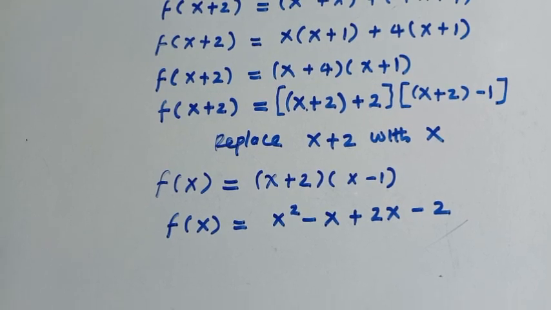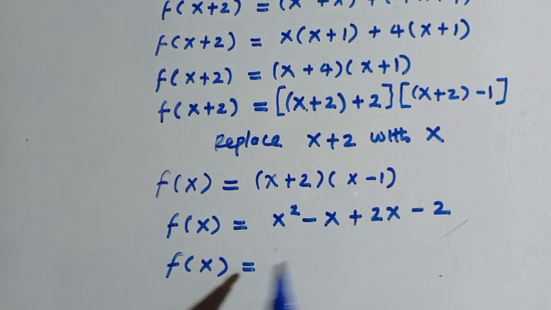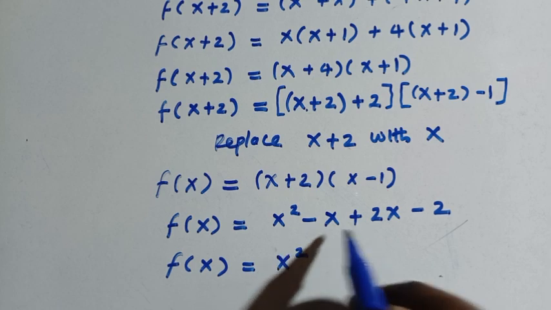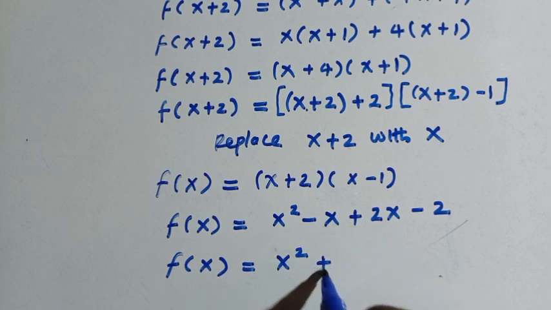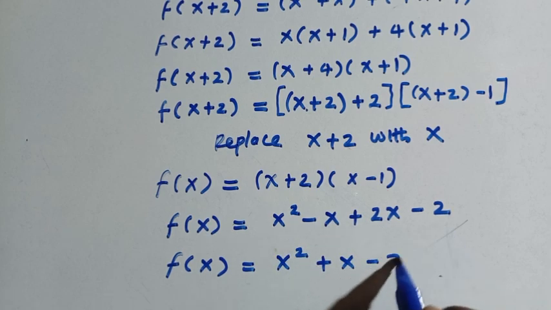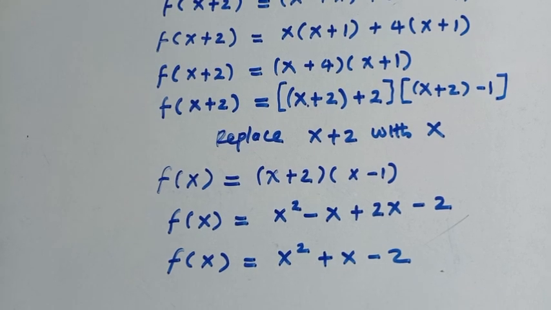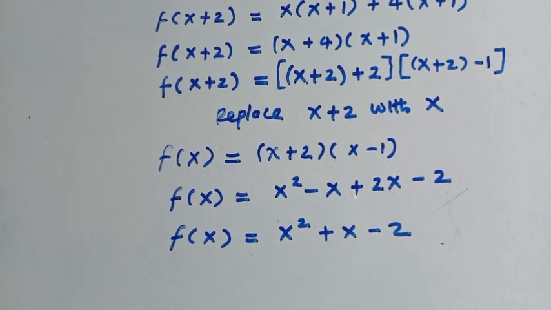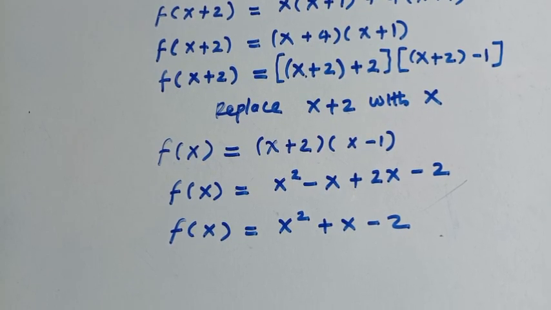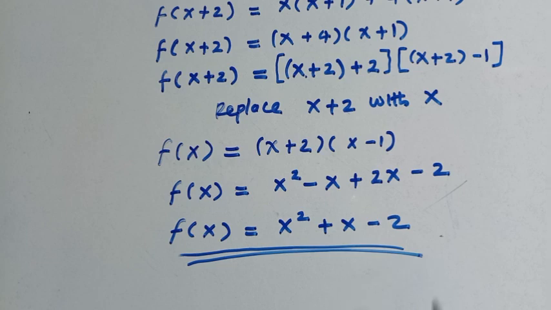In the next step, we have f(x) equals x squared, minus x plus 2x, that is plus x, and here is minus 2. So f(x) equals x squared plus x minus 2, as required. This is the solution that satisfies this problem, and we call this the form manipulation method.